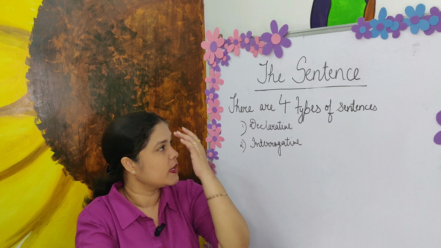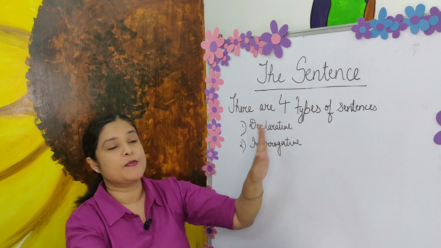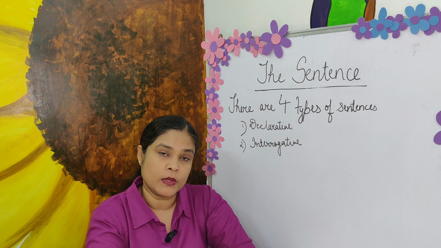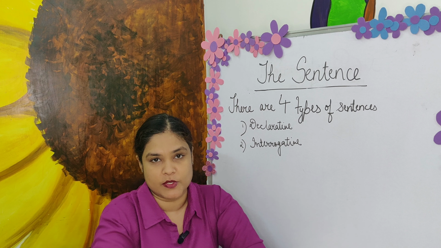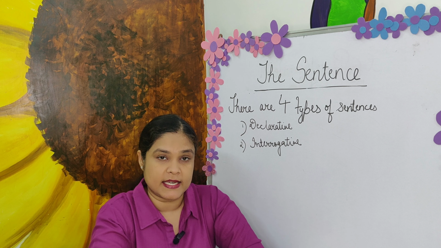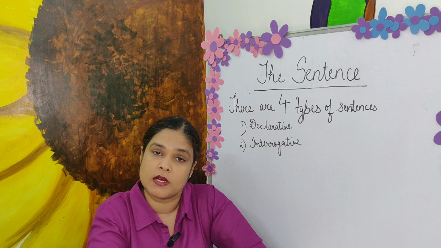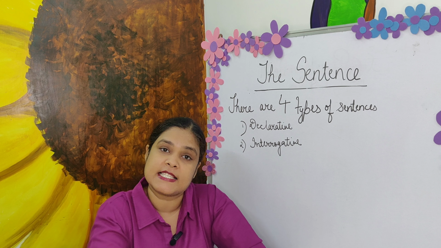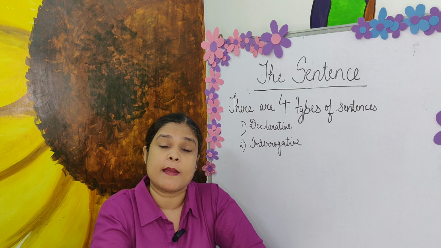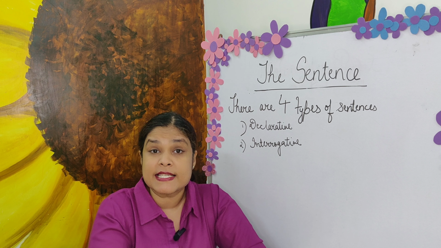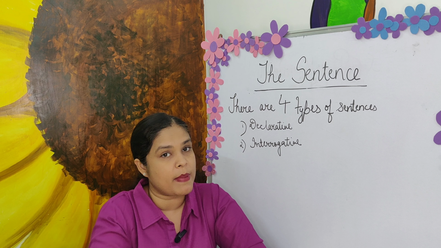So now we will be studying about types of sentences. We had told you that there are 4 types of sentences, okay? When you listen to or write a sentence, you learned the rules of writing a sentence in punctuation. Now, it is important to identify that sentence so that you can punctuate it.